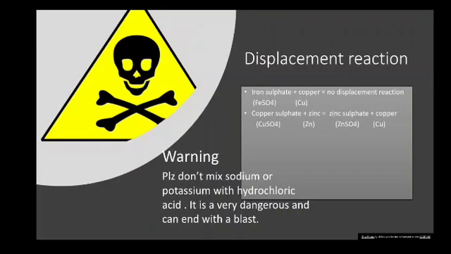Like if we take copper sulfate, CuSO4, and zinc, Zn, zinc will displace copper and take its place, so it will be zinc sulfate plus copper, that is ZnSO4 plus Cu. Sometimes it will not give you any reaction, like iron sulfate and copper. No displacement reaction will happen there.